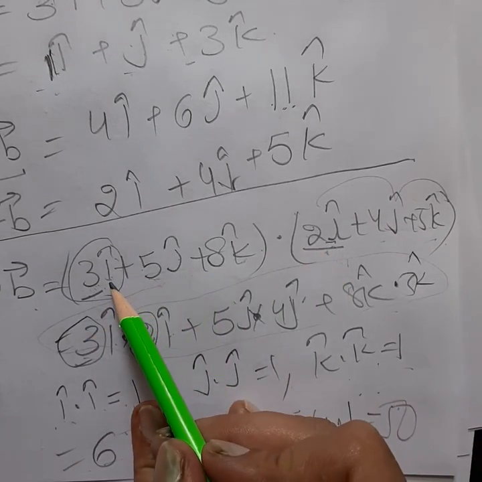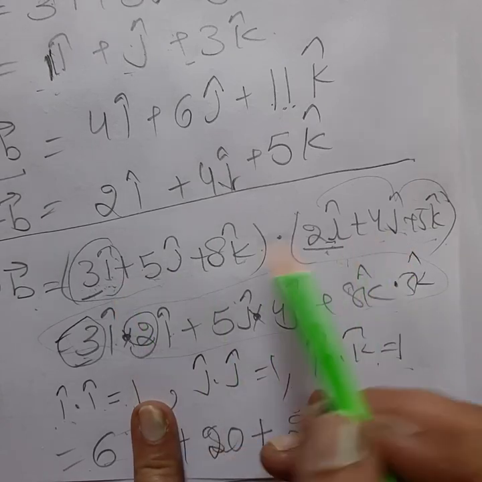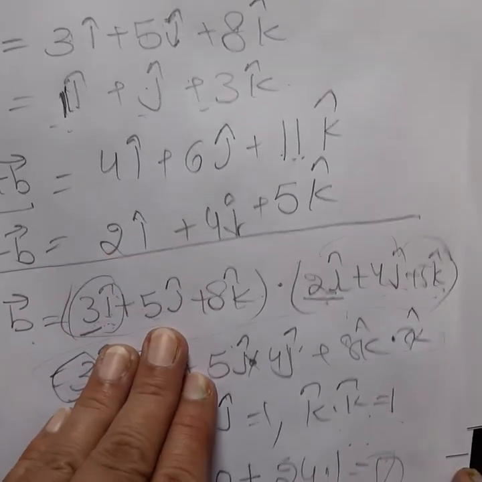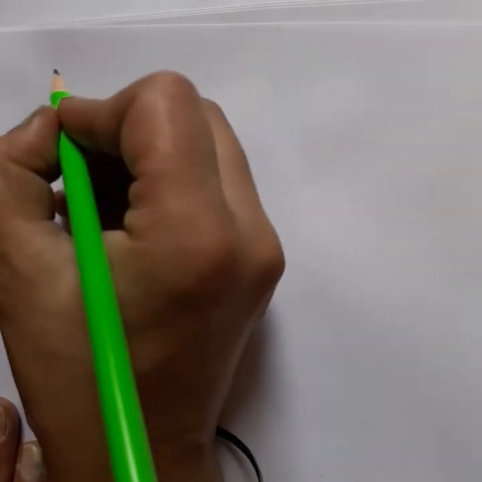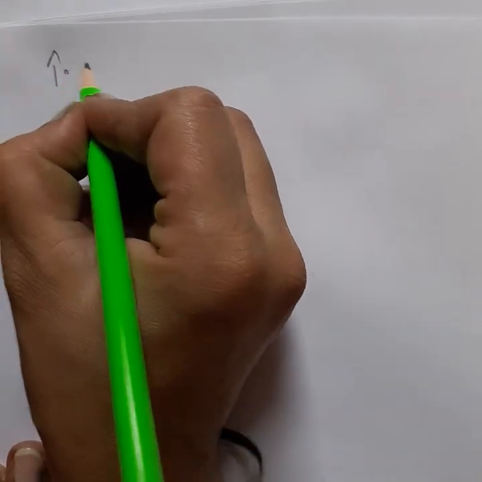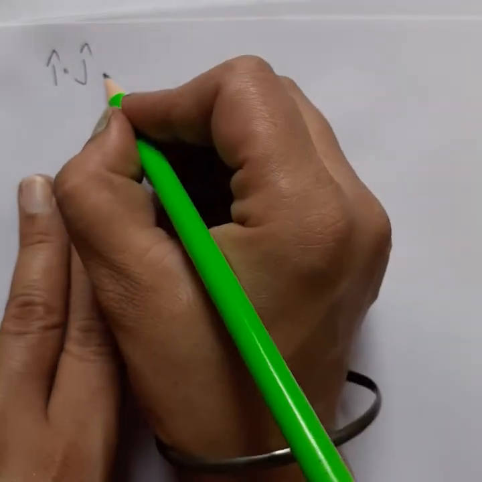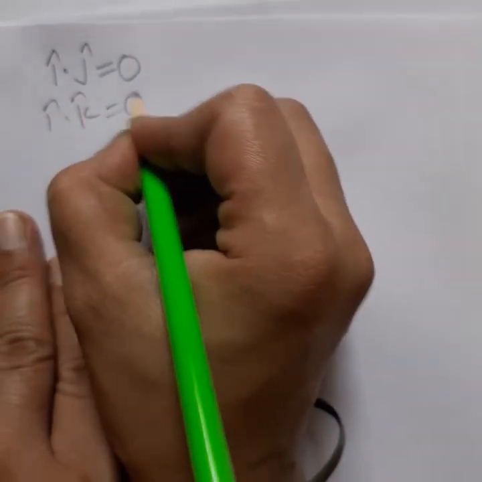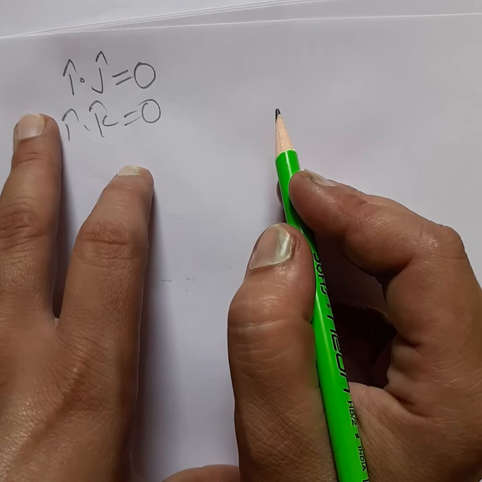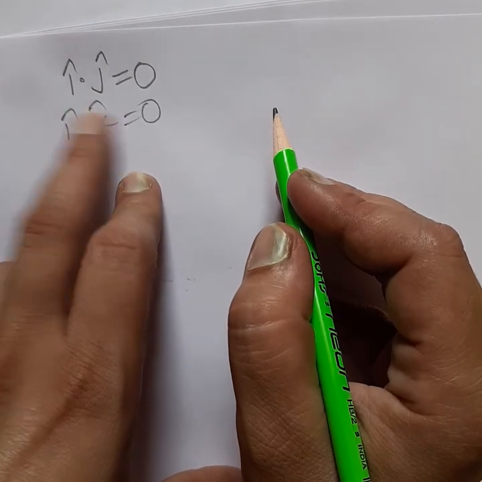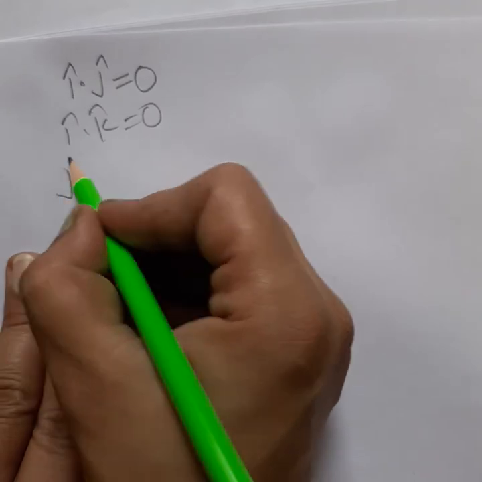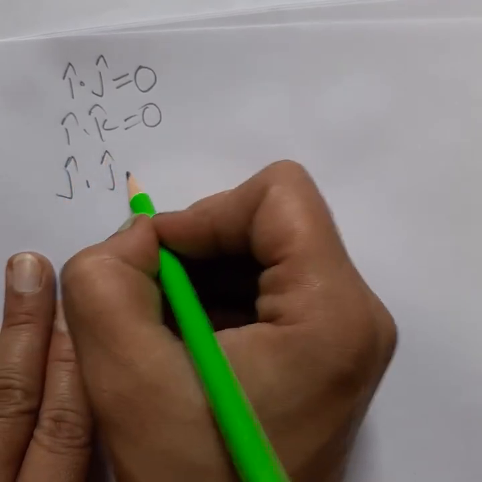And when we multiply i with j and i with k, then we get 0. So you can see in these formulas, students, when we multiply i with j, then we get 0. i with k also we get 0. If we multiply different directions, then we get 0. Like when we multiply j dot i, we get 0.